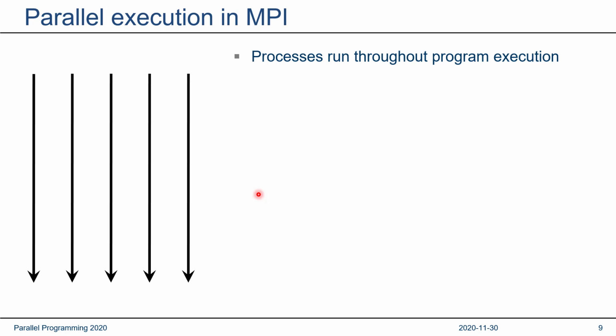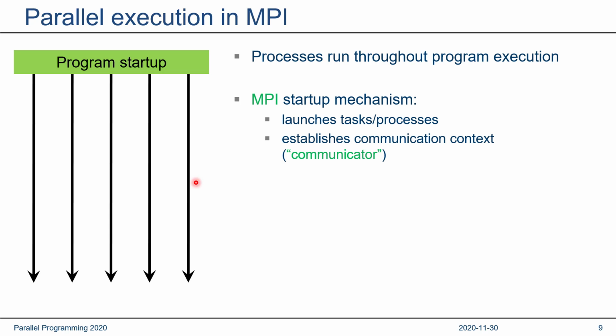Now, in an MPI program, a number of processes, usually a constant number of processes, runs throughout the program's execution. So in this diagram, the black arrows are like timeline arrows for processes comprising the MPI program.